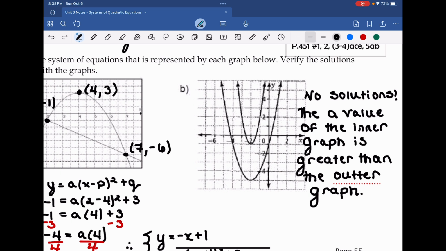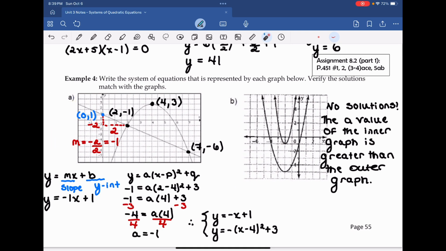And if we know that this is the case, where it's the outer graph, in this case, and let's just make sure, there we go, perfect. So if we know that the a value of the inner graph is greater than the outer graph, then the inner graph will grow at a faster rate in terms of their y values than the outer graph, and they'll never actually cross each other. So no solutions. And even if we came up with the equations, what you would find is that they would have those different a values, so therefore never cross.